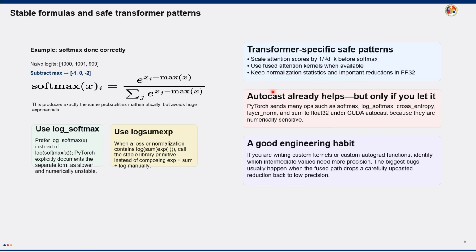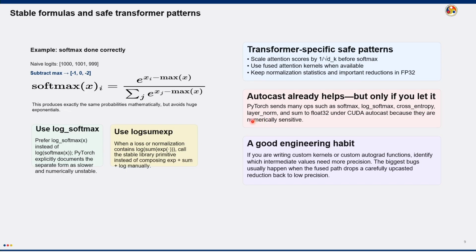Then when we do the autocast, it will already be helping with the operations. PyTorch sends many operations such as softmax, log softmax, or cross entropy computation, layer normalization, and summation to float32 under CUDA autocast, because they are numerically sensitive, they will automatically be sent.